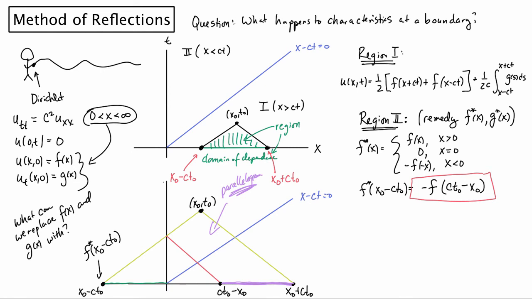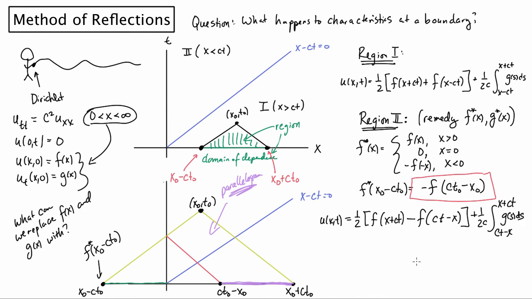So in particular, when you have a point in region 2, what you do is you slightly adjust D'Alembert's solution to be, in this case, f of x plus ct minus f of, so it's the odd extension, right? This is the point where we have the problem. It becomes minus f of ct minus x, plus 1 over 2c times the integral from ct minus x to x plus ct, because remember it's this region now, of g of s ds.